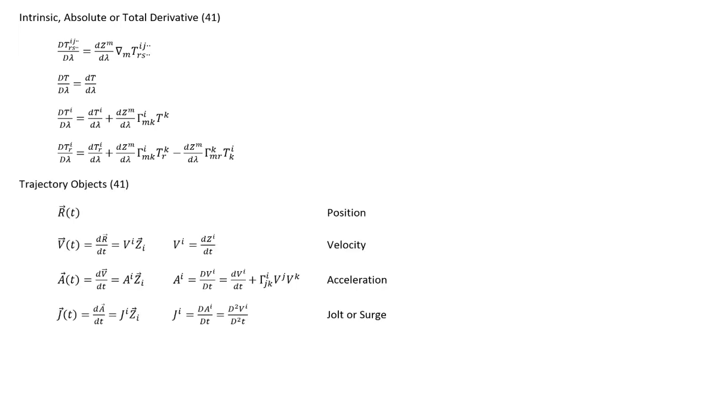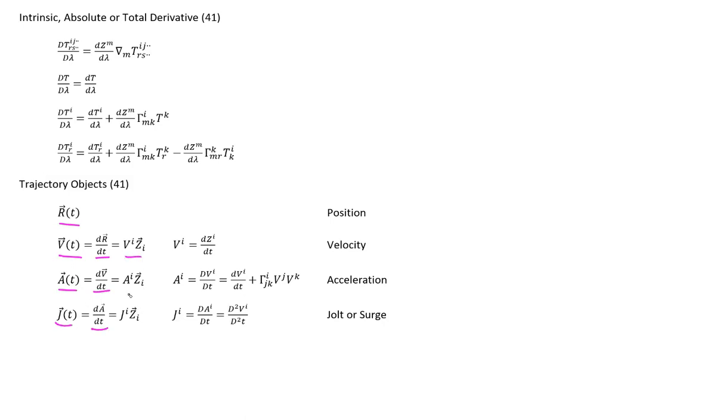Now, we were able to make use of the intrinsic derivative as we analyzed the trajectory of a particle as it moved through space. And we came up with these results. A very consistent form for each of these expressions. We define the velocity of our particle as the time derivative of the position vector here. We define the acceleration as the time derivative of velocity and the jolt as the time derivative of acceleration.